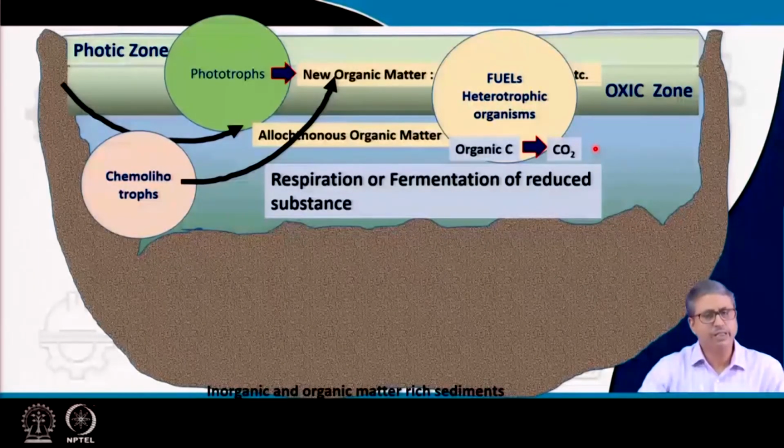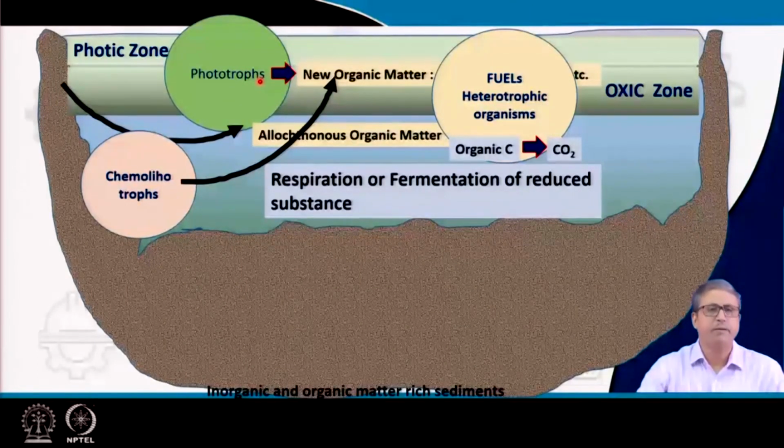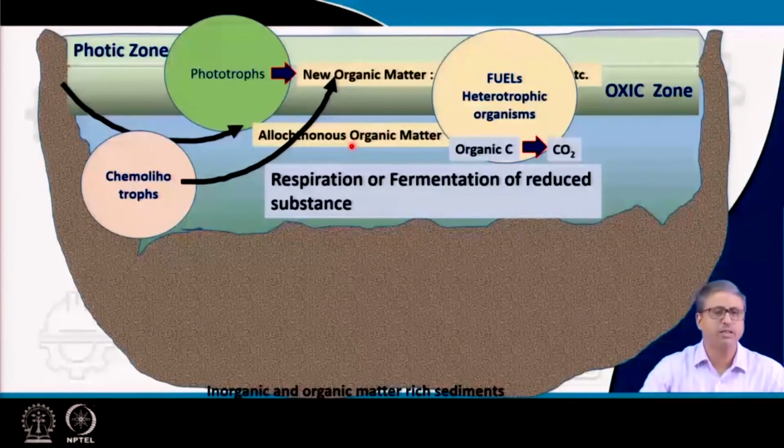Now, here we should also include that the organic carbon which is utilized by these heterotrophic organisms is obtained from the phototrophic bacteria or the phototrophs, including the algae. It could be, or most likely, external organic matter will also be there, but in addition to the phototrophic bacteria, there are likely to be chemolithotrophic bacteria.